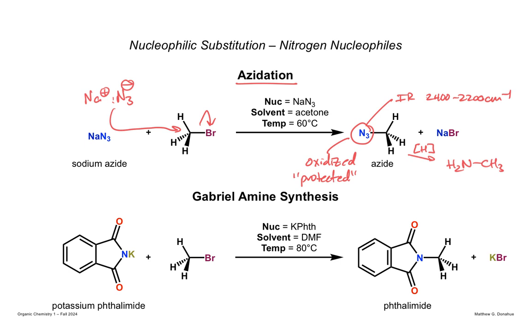The reduction takes the azide to the primary amine. So really it's a two-step process to get to the thing that you want.